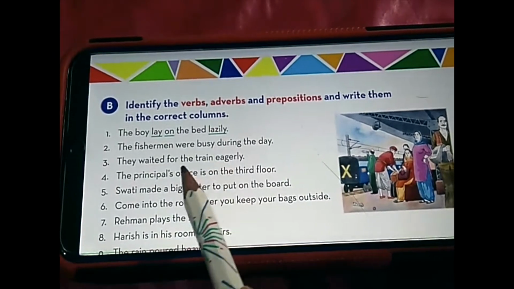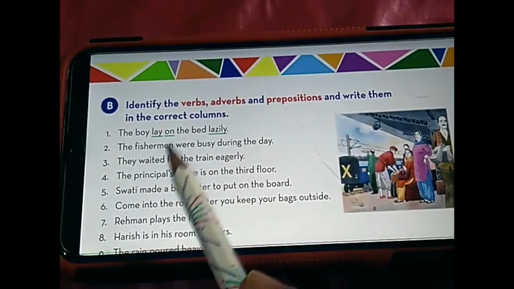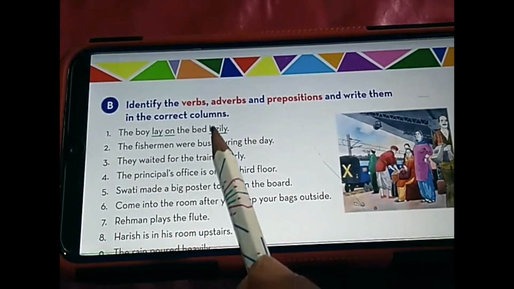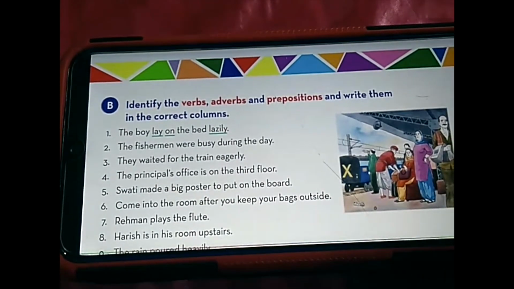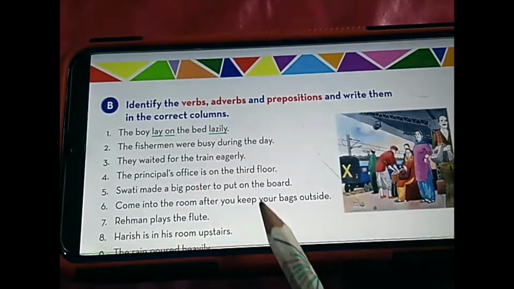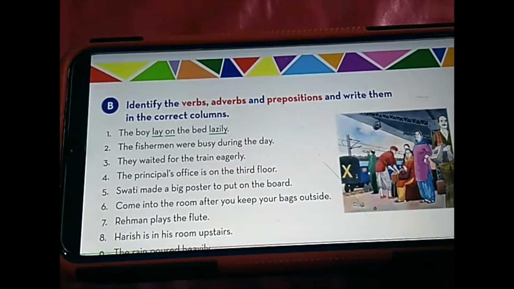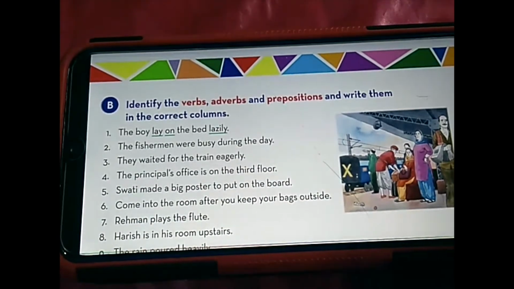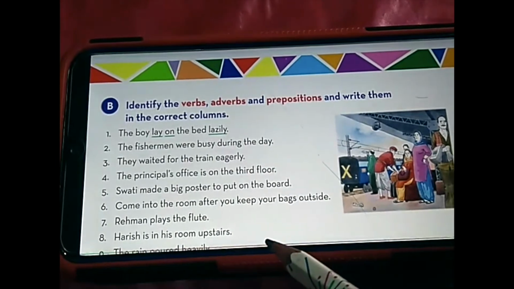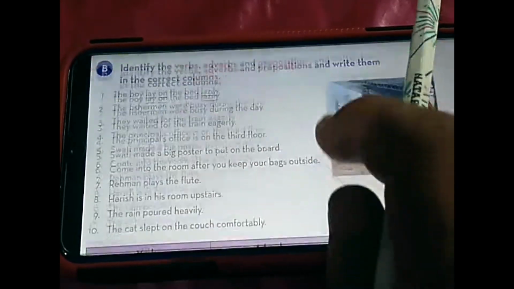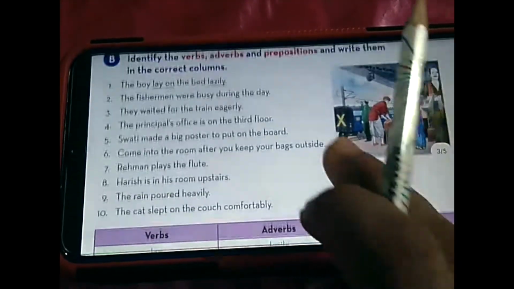Fishermen is a noun, it's not a verb. Busy is the verb. And during is an adverb, sorry, preposition. During is a preposition. So you have to write them in their columns.